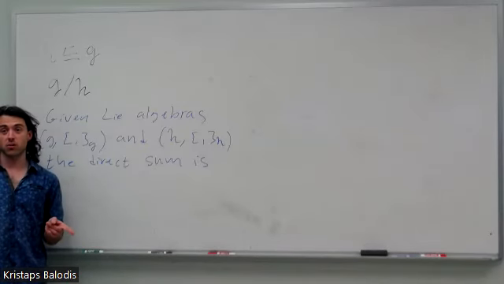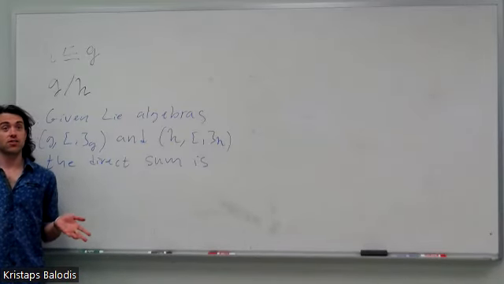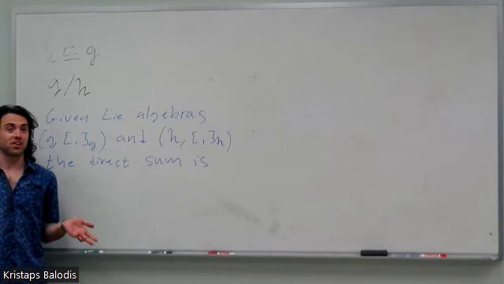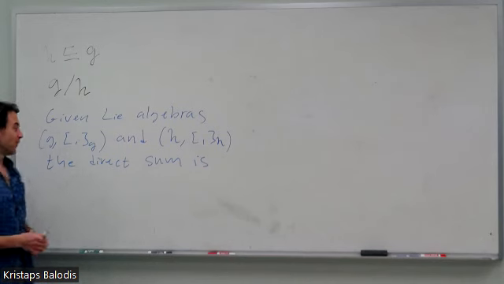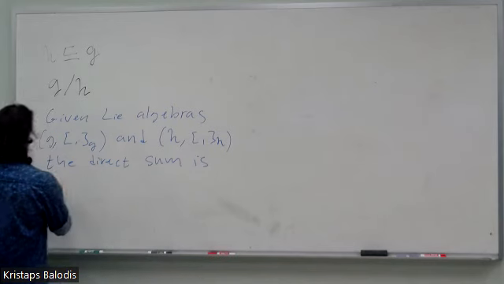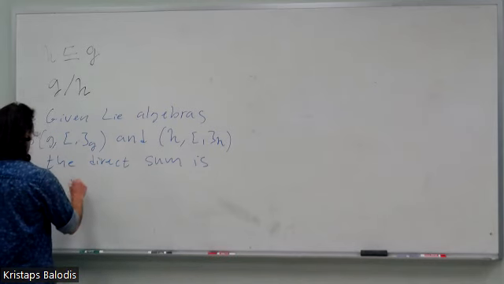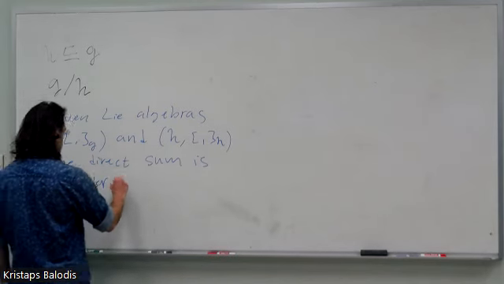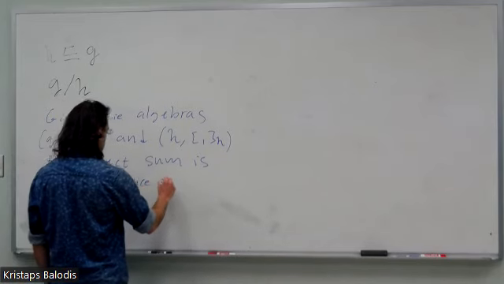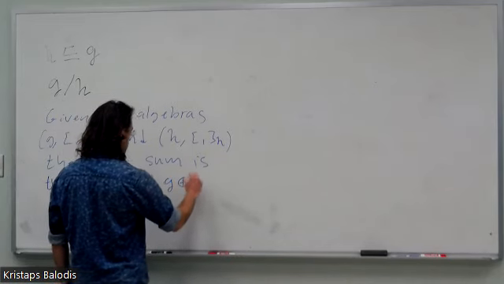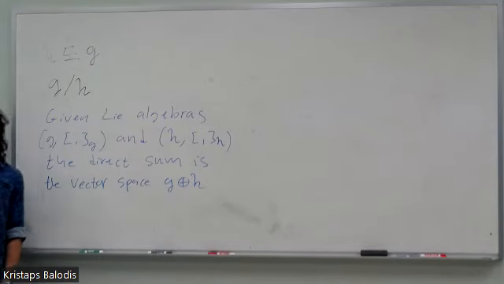So yeah, you're definitely right about the first part, right? Just like every other thing we've talked about, we know that we have an underlying vector space structure. So that is the vector space G direct sum H, exactly.